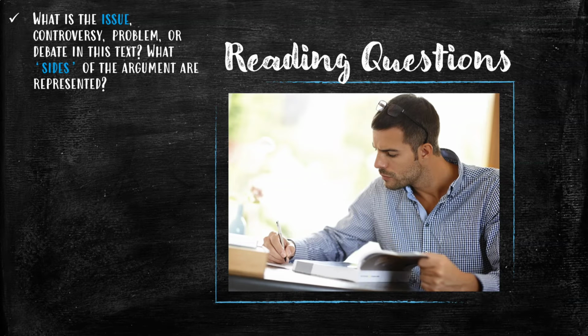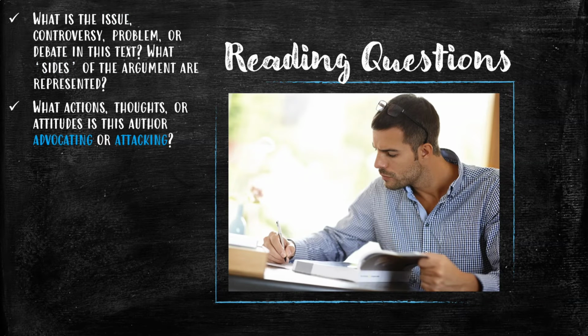And then, what are the sides of the argument that are represented? Is there a pro and a con? Is there a problem and a solution? Are there multiple conflicting viewpoints or multiple possibilities for moving on during this issue, controversy, problem, or debate? Those types of details would be very important to keep track of to ensure that you comprehend the text.